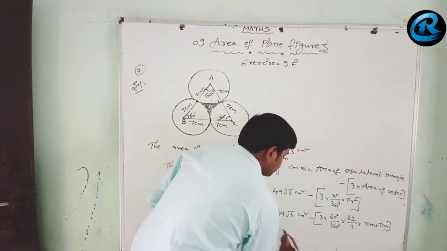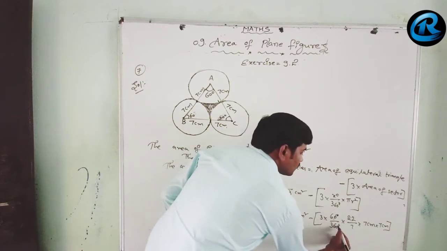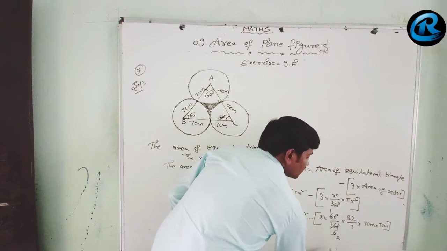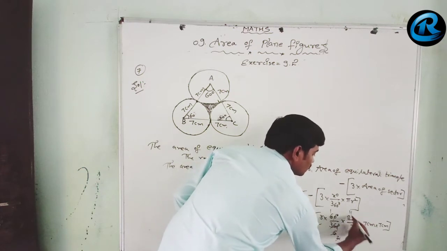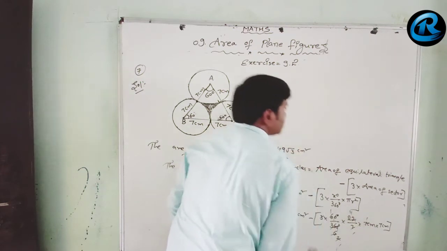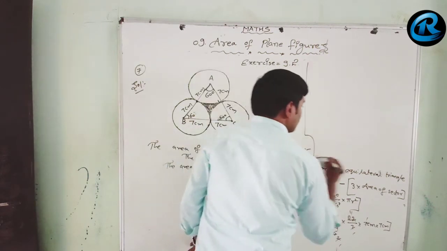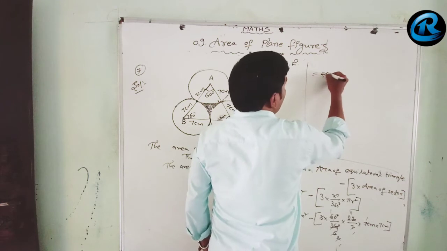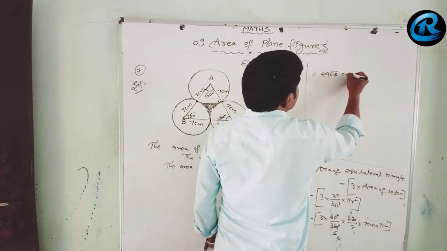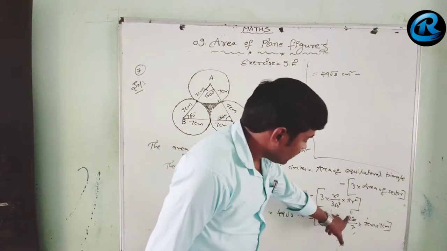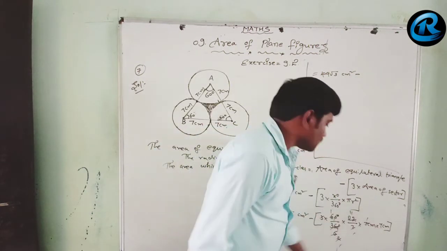Let us see here. 10 and 10 get cancelled. 6 1s are 6, 6 is. 3 1s are 3, 2s are. 2 1s are 2, 11s are. 7 1s are 7. So as you got here now, that is equal to 49 root 3 centimeter square minus, here 11 into 7 is left.